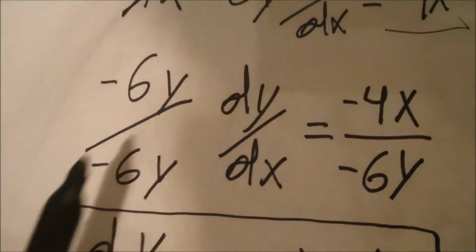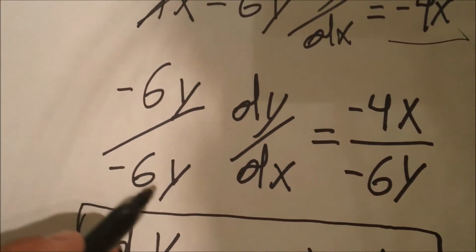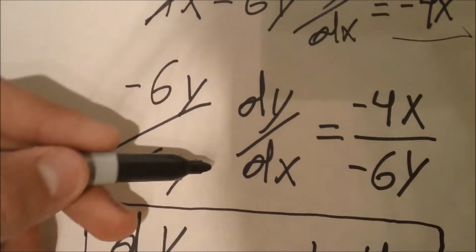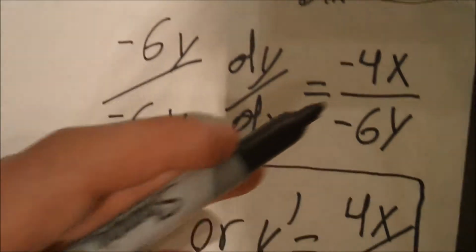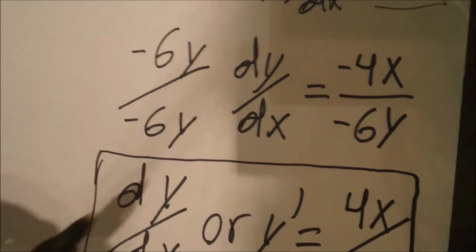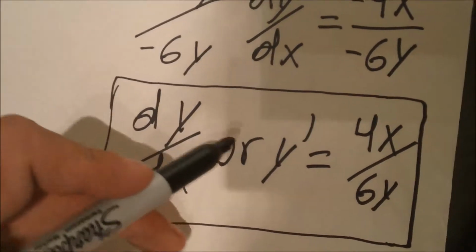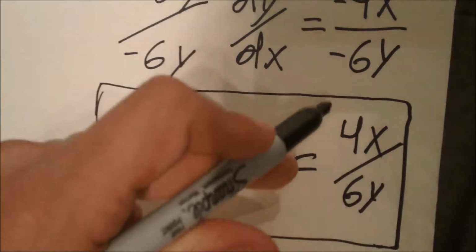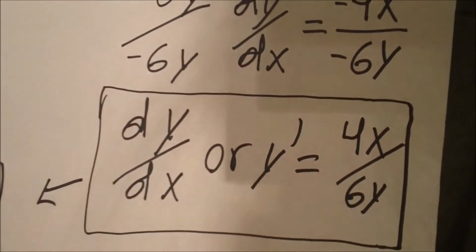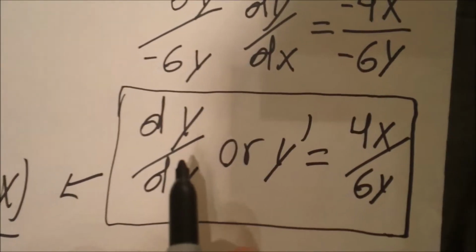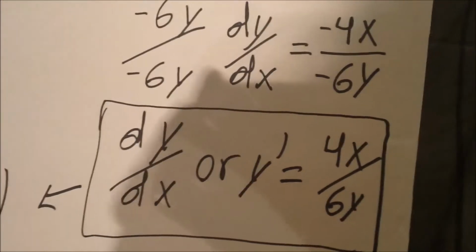So we bring it down here, we divide by negative 6y to get the dy over dx by itself. Divide both sides of the equation, and now you're left with this, dy over dx, or y prime, equals 4x over 6y. And you have your first derivative.